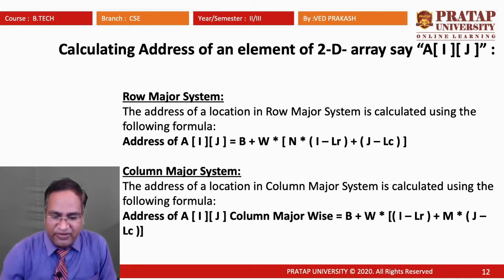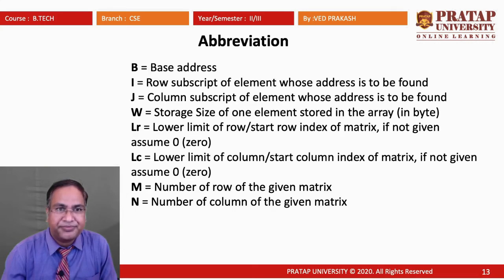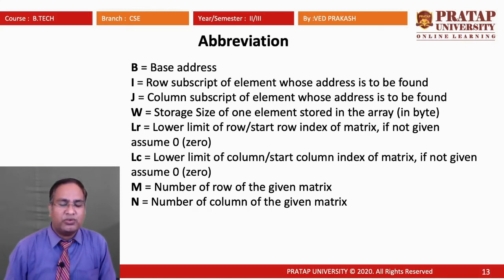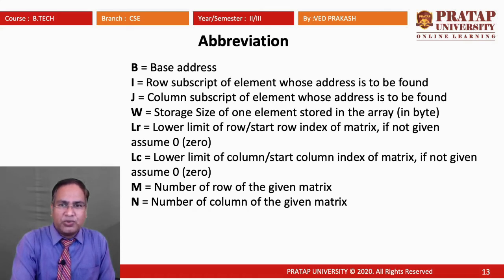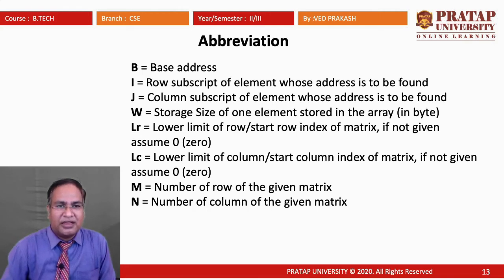So these abbreviations are described here. B stands for the base address, I is the row subscript of the element whose address is to be found, J denotes the column subscript of the element whose address is to be found, and W denotes the storage size of each element stored in the array.